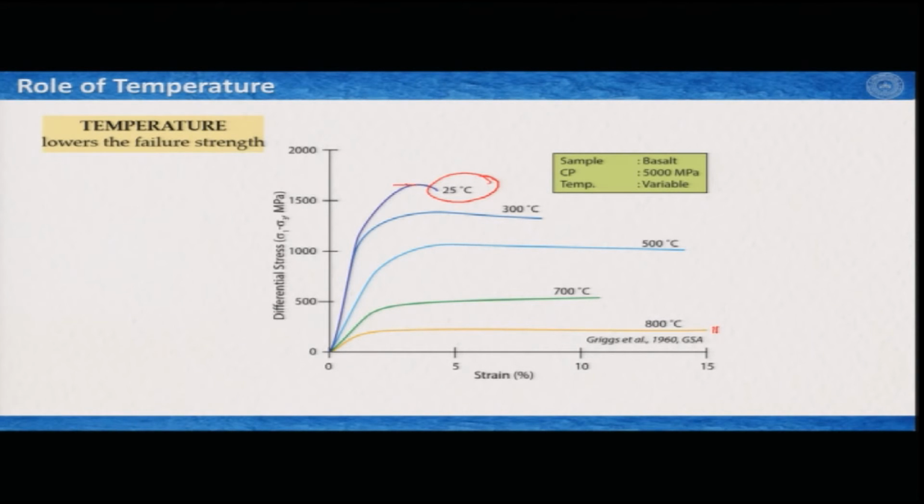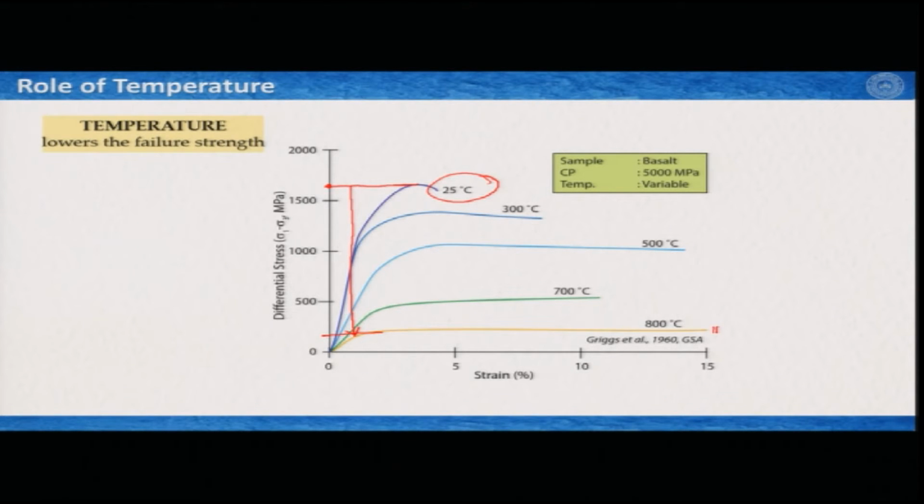So, here the peak strength is close to, how much, 1600 megapascal, and here it is probably 150 megapascal. So, 1500 megapascal of strength is reduced by raising the temperature from 25 degrees centigrade to 800 degrees centigrade, and this is remarkable.